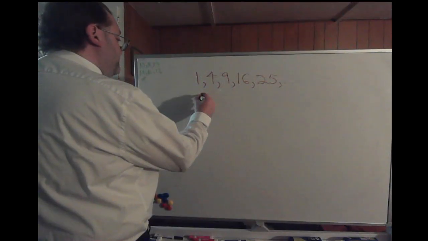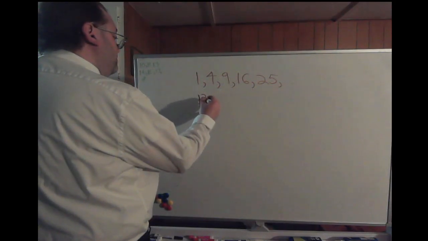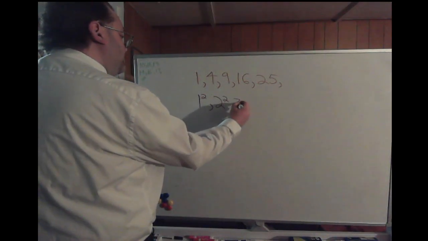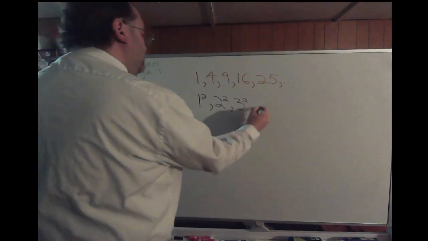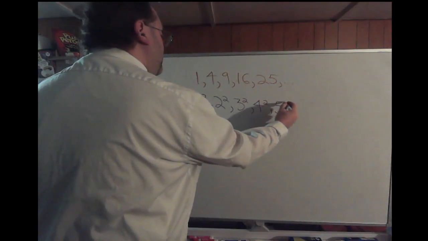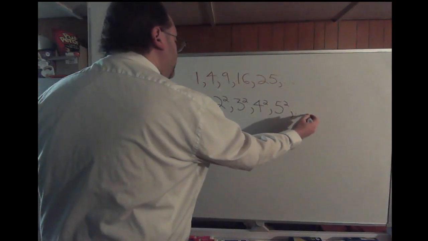So for example, the first term raised to the second power, the second term raised to the second power, the third term raised to the second power, the fourth term raised to the second power, and the fifth term raised to the second power, and it just keeps on going and going and going.